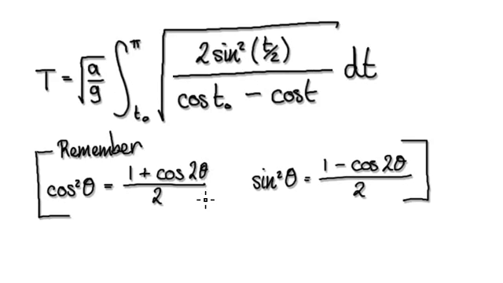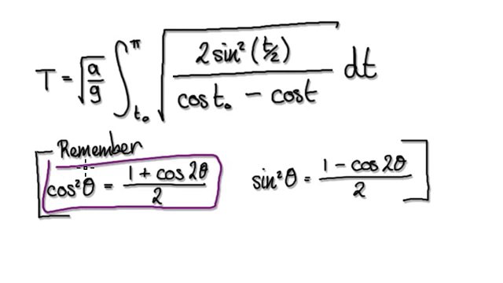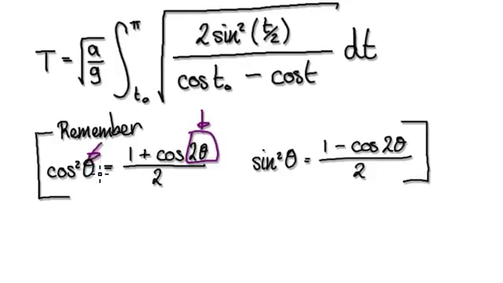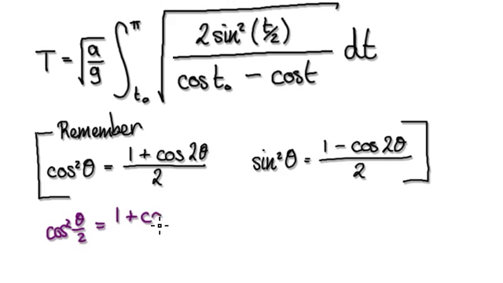Now use the same technique on this one here, but this time we're going to make use of this. We are trying to replace this here, and notice that this angle is always twice this angle. So cos squared of half of this, theta over 2, will be 1 plus cos theta over 2.